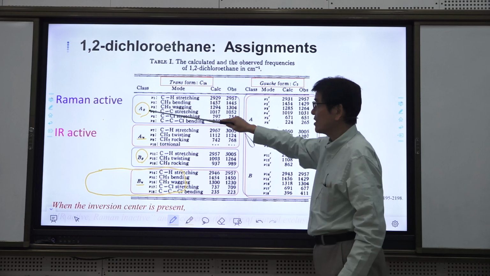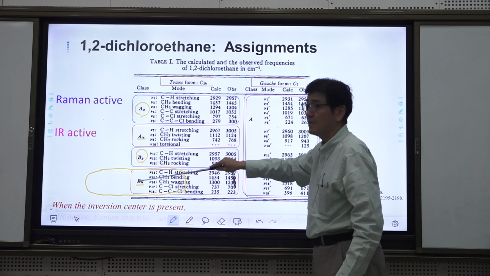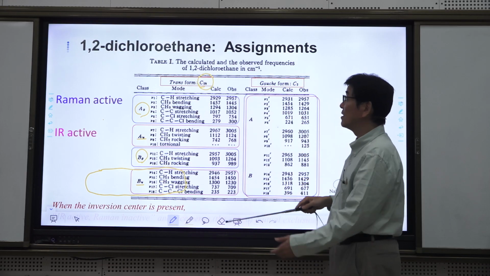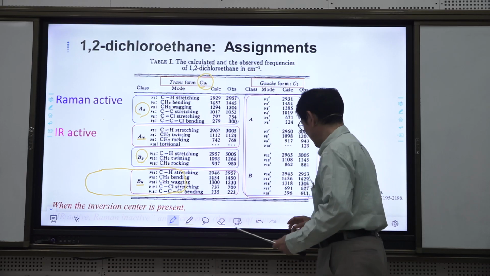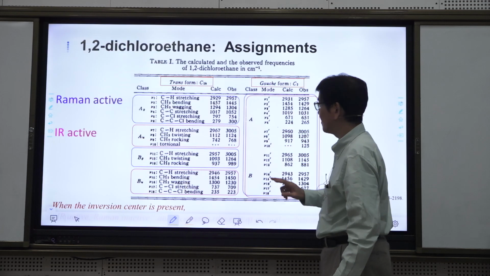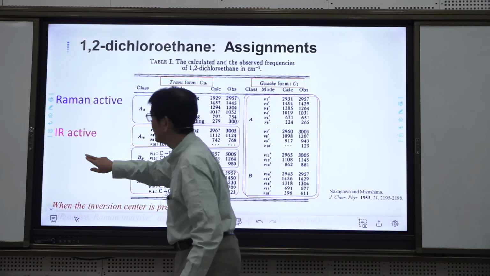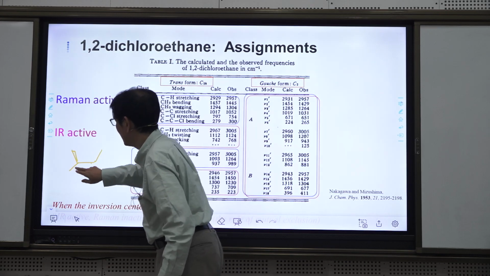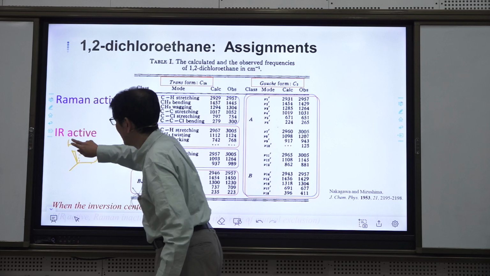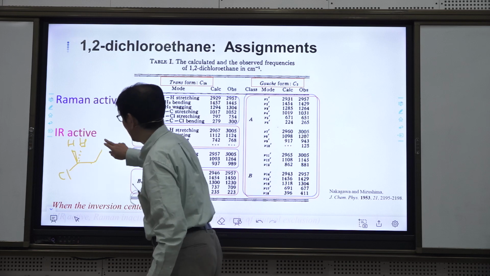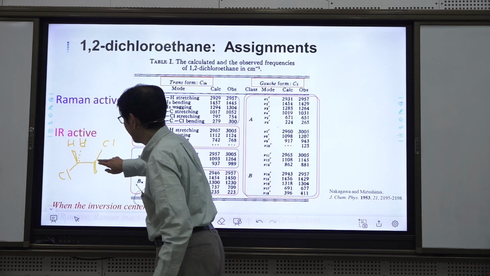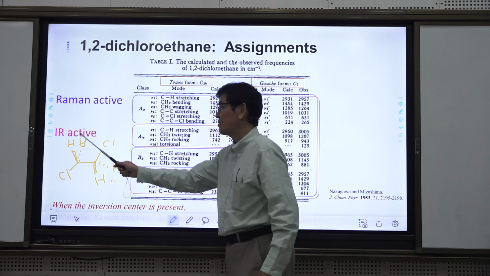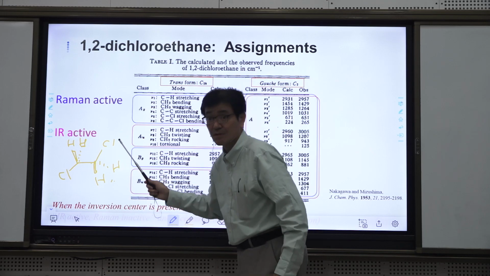So the classification to Ag or Au, Bg, Bu is given when we fix a symmetry group. We define the symmetry group for the molecular structure.